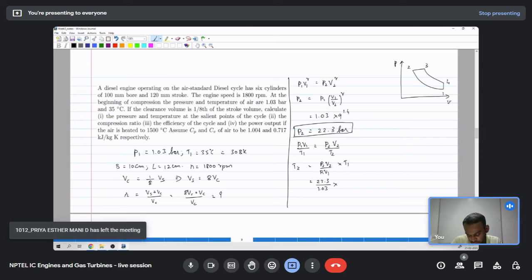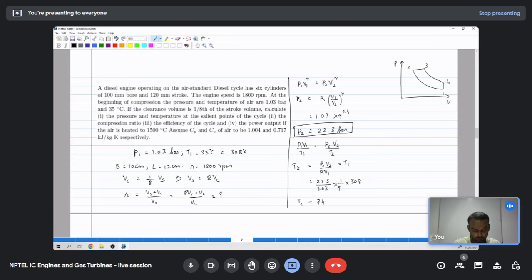V2 by V1 is the inverse of compression ratio, so that is 1/9, into T1 which is 308 Kelvin. So this is 741 Kelvin.